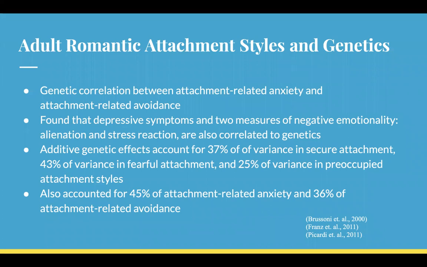So like 37% of variance in secure attachment is accounted for by genetic effects. So someone with secure attachment probably has a little bit of a genetic aspect that caused them to have that secure attachment, as well as their environmental situation or their relationship with their caregiver.